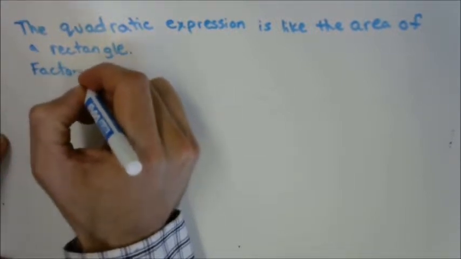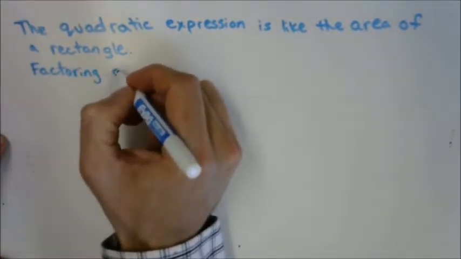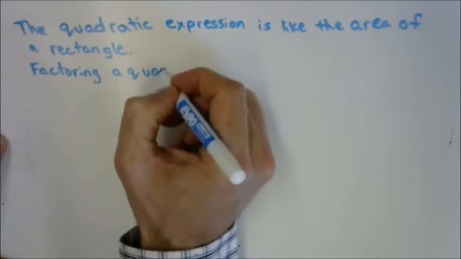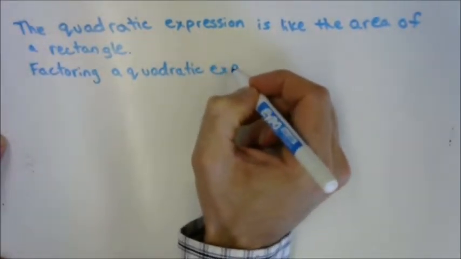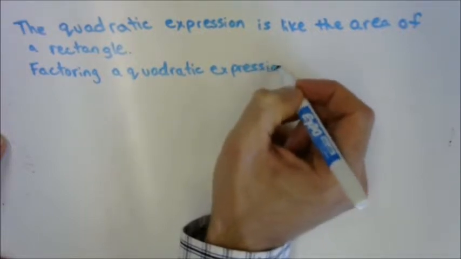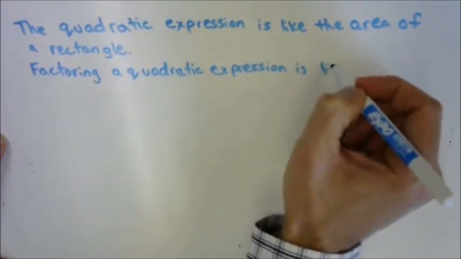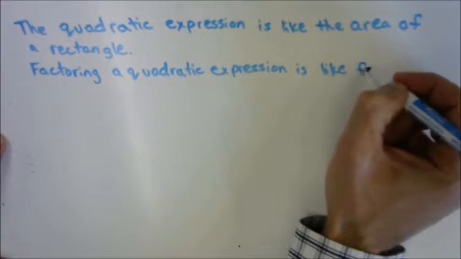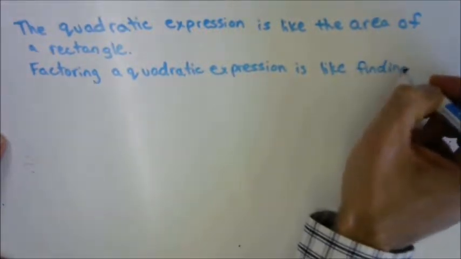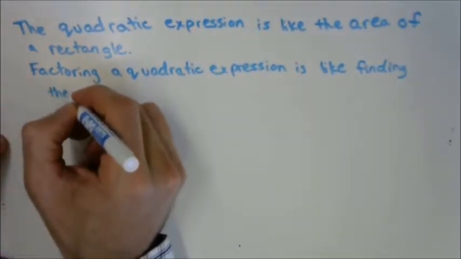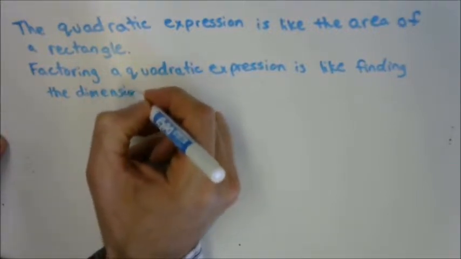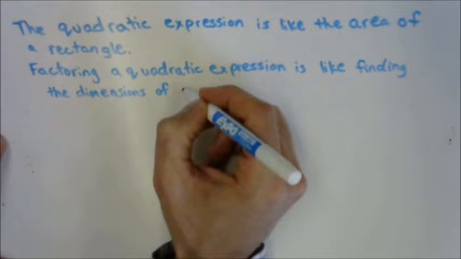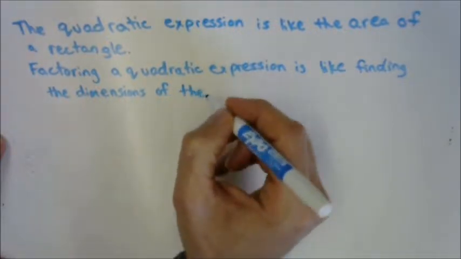Factoring a quadratic expression is like finding the dimensions, the length and width, the dimensions of that rectangle.